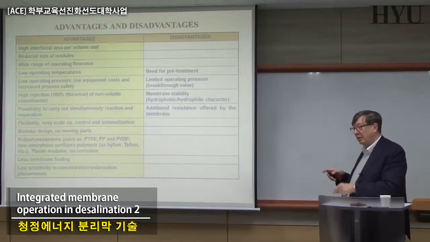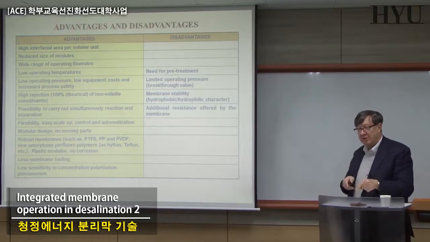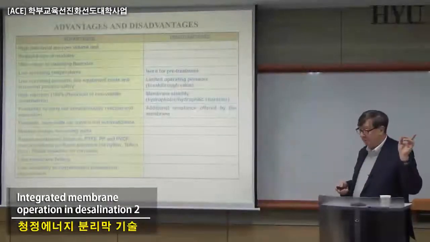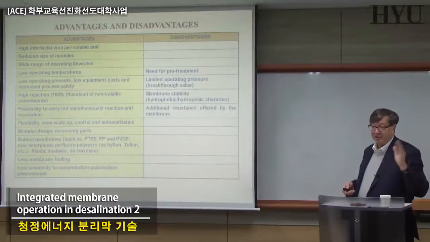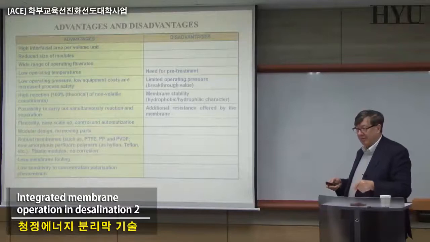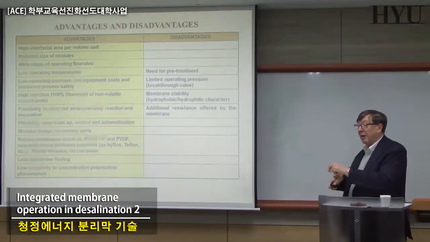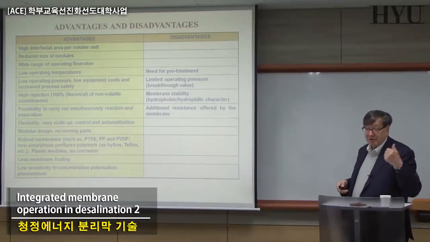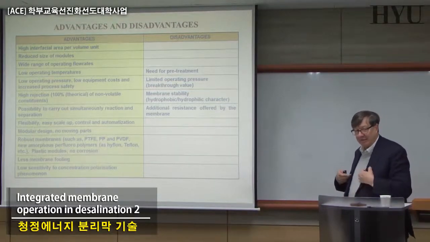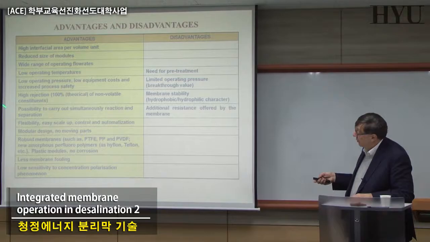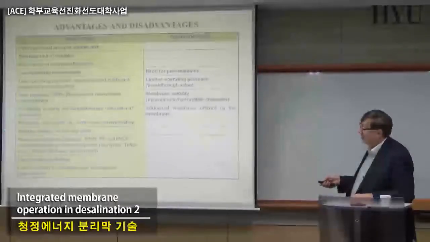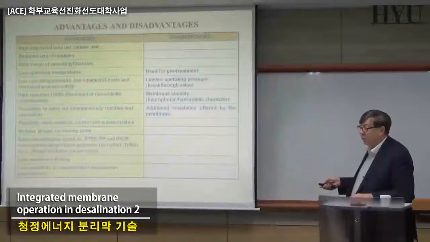Keep in mind that today, ethical aspects, social aspects and public acceptance are costs. In the past, people were just neglecting these things. Today they are real costs. And in some cases, people today pay for mistakes done years ago, neglecting this kind of effect, health effect, etc. So you see here that there is flexibility, easy scale up, control, automatization, modular design, no moving parts.